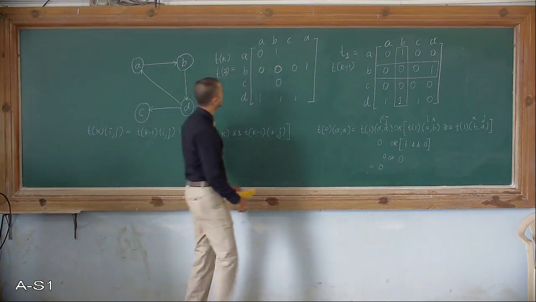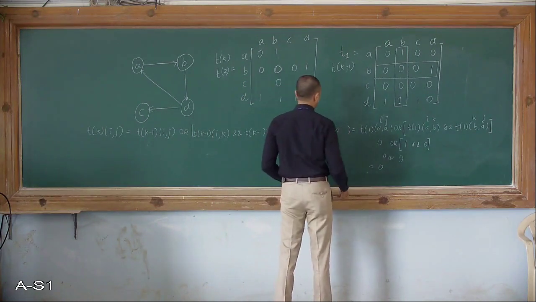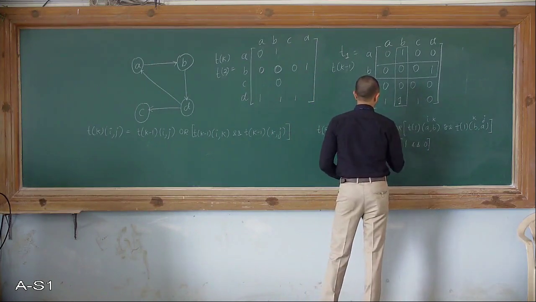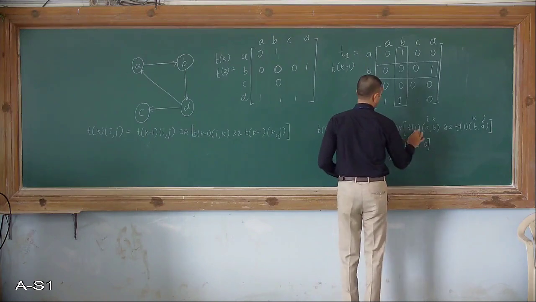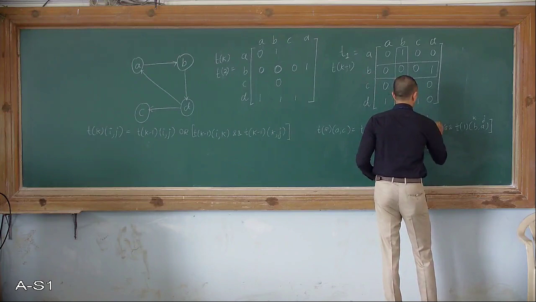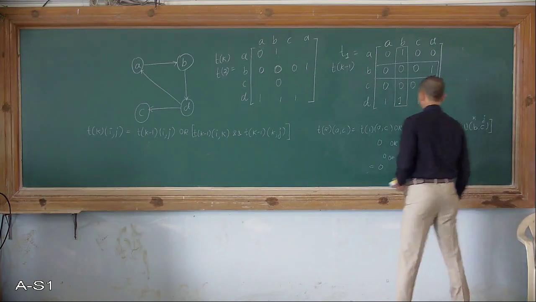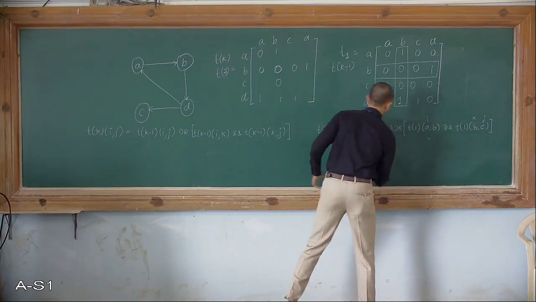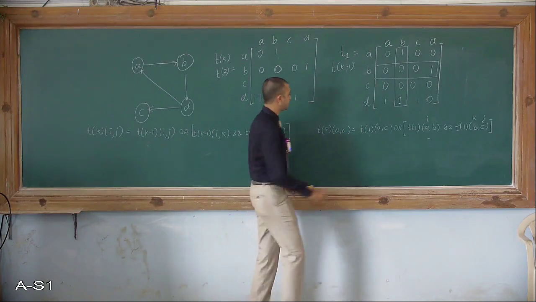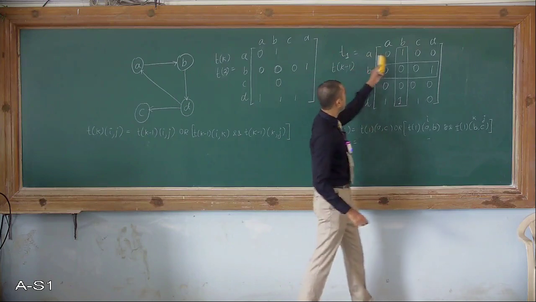Next, A to C. Let's find out A to C. Can I have a transitive closure property there from A to C using an intermediate vertex B? Okay, let's find out A to C. So in T2 of A to C, first I'll see T1 A to C. A to C in T1 is 0.